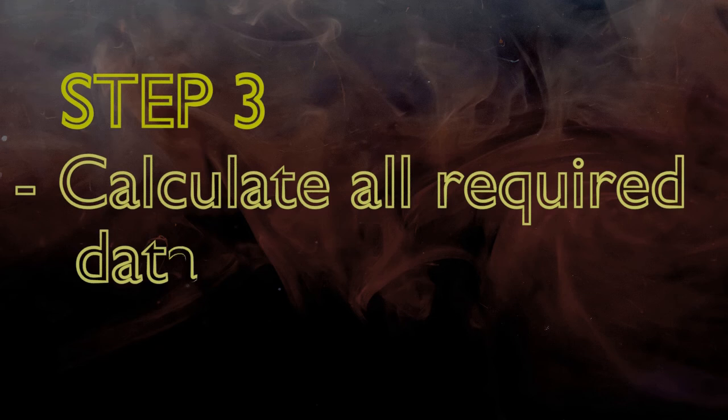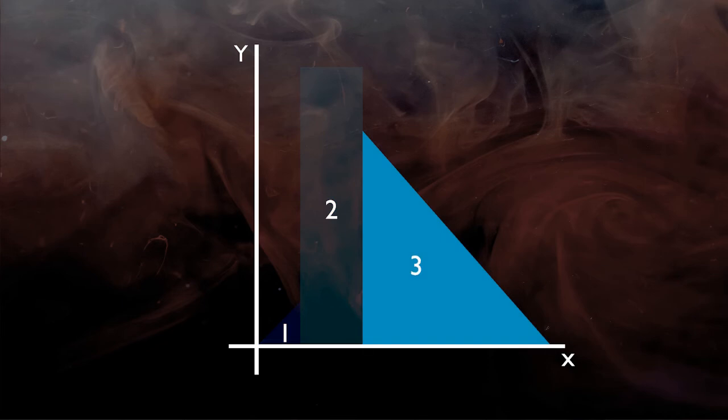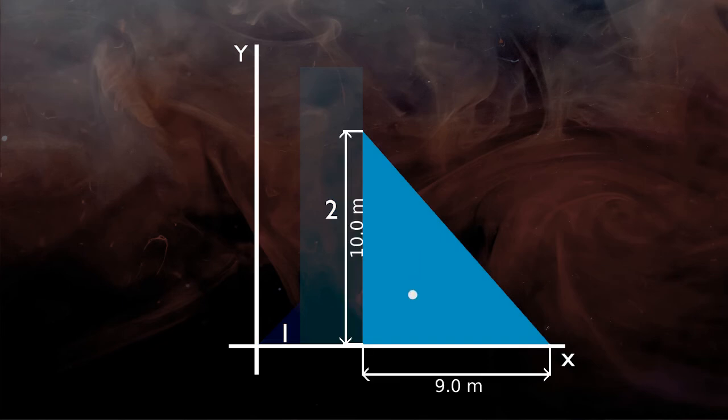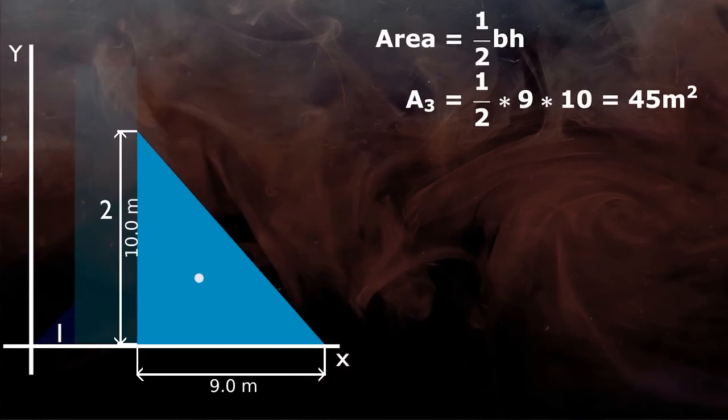Now repeat step 3 for the second triangle, or part 3. Highlight the triangle and locate the centroid and dimensions. Now the area of the second triangle is half of 9 meter width into 10 meter height, which equals 45 meter square.